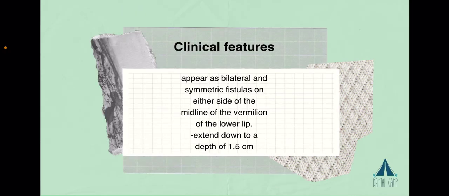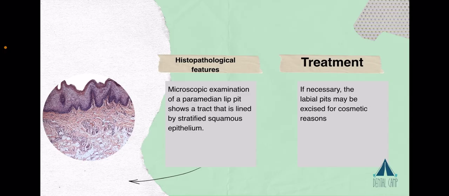Clinical features: they appear as bilateral and symmetrical fistulas on either side of the midline of the vermilion of the lower lip, extending down to a depth of 1.5 cm and may express salivary secretion. Histopathologically, microscopic examination shows a tract that is lined by stratified squamous epithelium. Treatment, if necessary: the labial pits may be excised for cosmetic reasons.